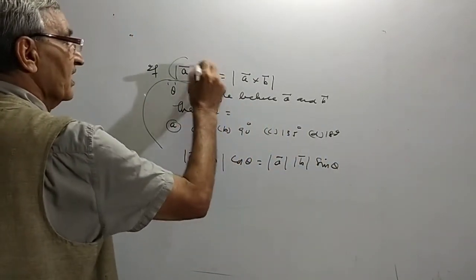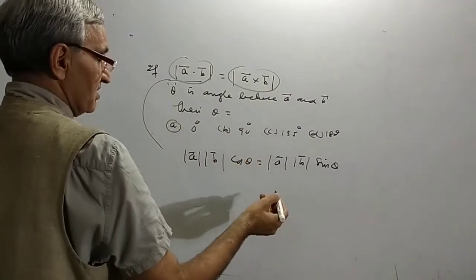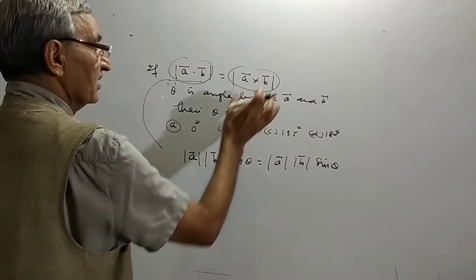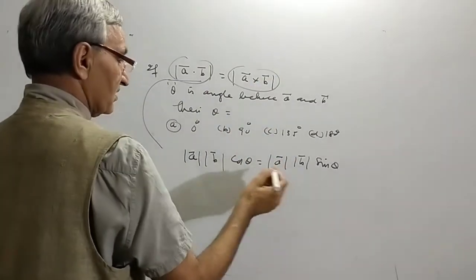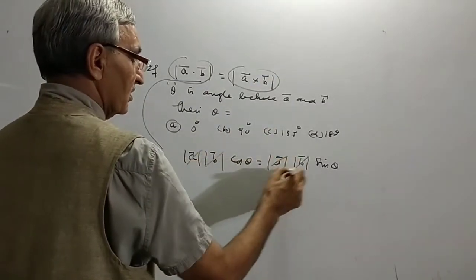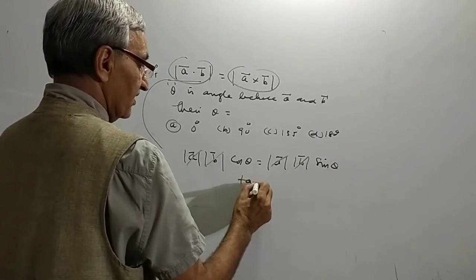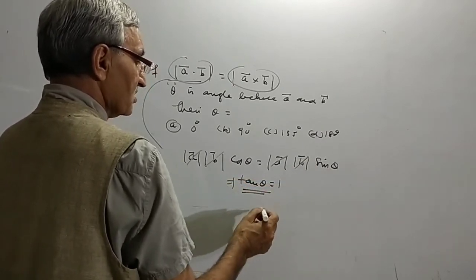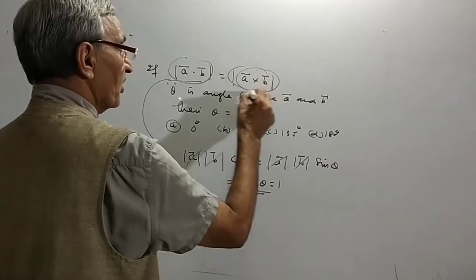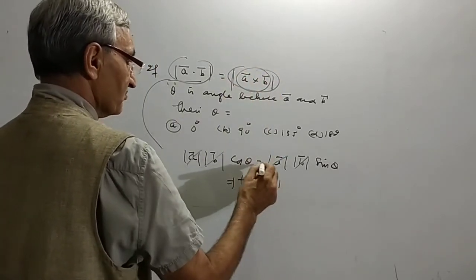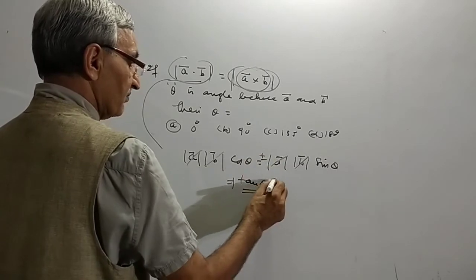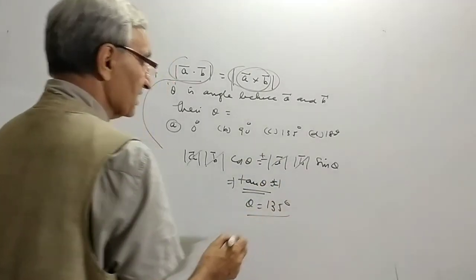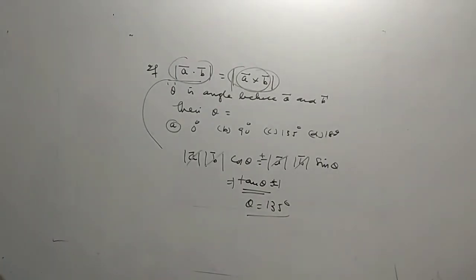When the modulus is there, this can be plus or minus. So these cancel, and tangent theta is equal to 1, and here I got the answer. It can be plus minus because of the modulus, so theta is not 45 but 135. I can certainly say that it is 135.